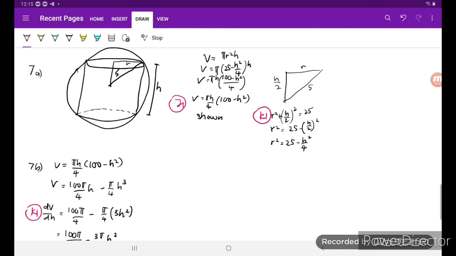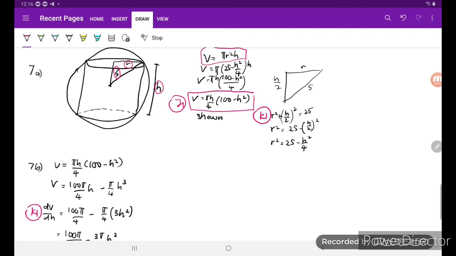Okay, for question 7a, a cylinder is inscribed in a sphere of radius 5. And the height of the cylinder is h, and the radius of the cylinder is r. The question wants you to show that the volume is as given. The volume of cylinder is V equals pi r squared h.